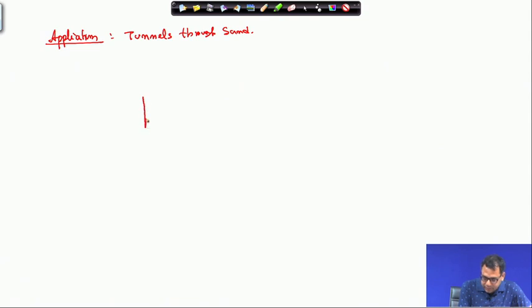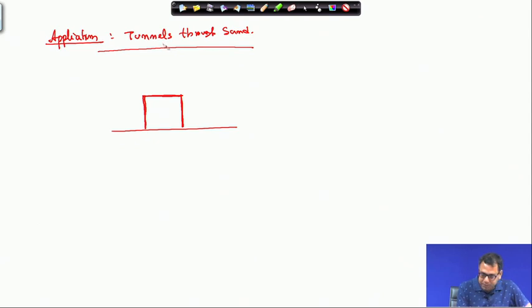Suppose this is the tunnel, or you can use a culvert also. If this is the tunnel and this is the base, now we have an embankment, or the soil, above this tunnel. What will happen if it is within a relatively shallow depth? Because this is a tunnel, this is a void.